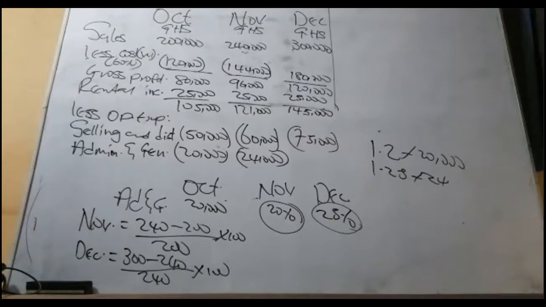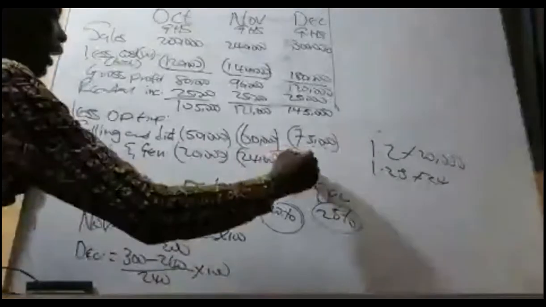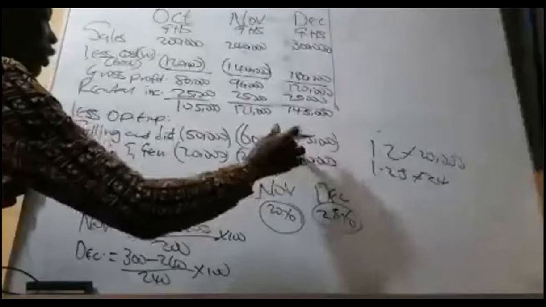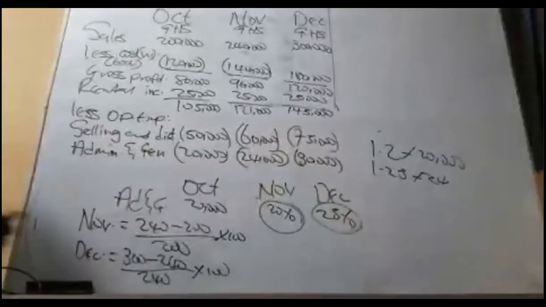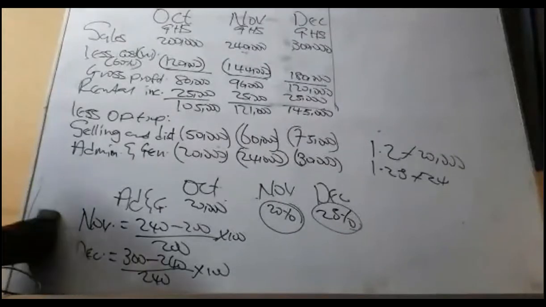So 0.25 times 24, that's 6 plus 24, making 30,000. That's the administrative and general expenses. So I hope you get it. Great. So basically, that is it. There you are done.